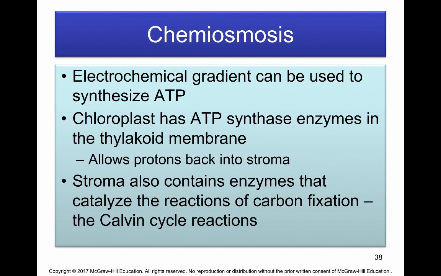Those hydrogen ions, or protons, can only exit the thylakoid through the ATP synthase, and we use that exergonic flow of hydrogen to phosphorylate ADP.